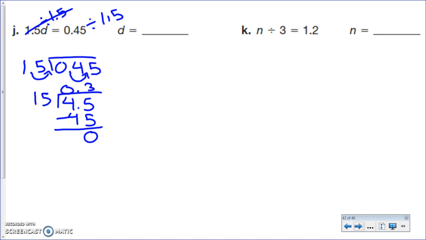When we divide 45 hundredths by 1 and 5 tenths, we get 3 tenths. So d equals 3 tenths.